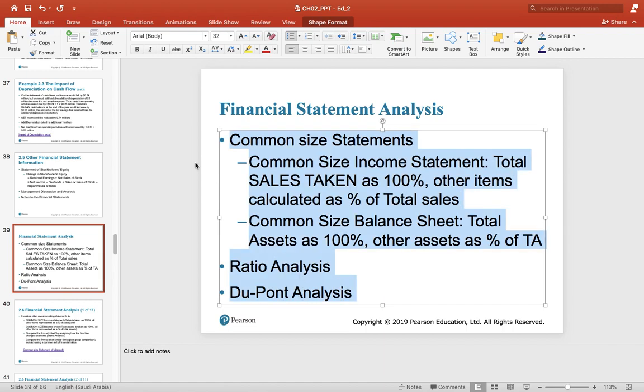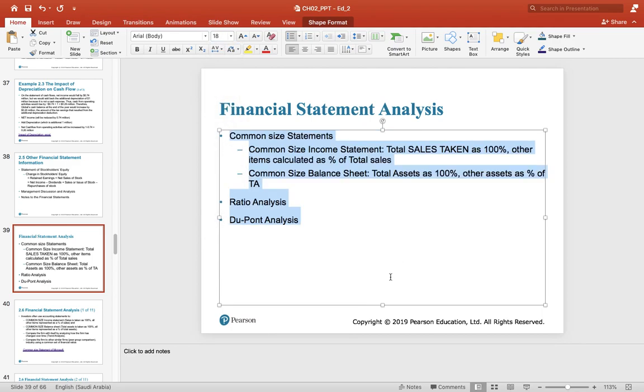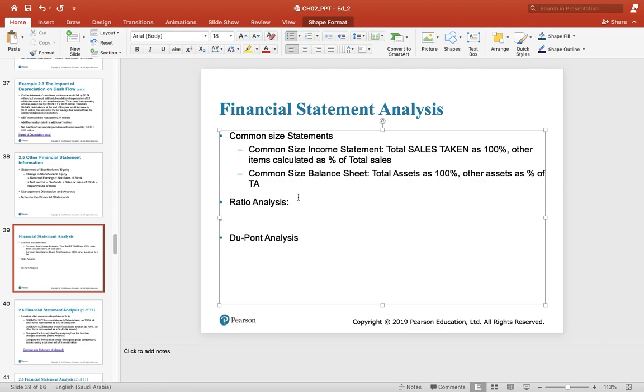Let me write down some of the parameters here. The parameters which we see for making an analysis of a company as an analyst, it is very important to see what parameters you are testing for judging a company.